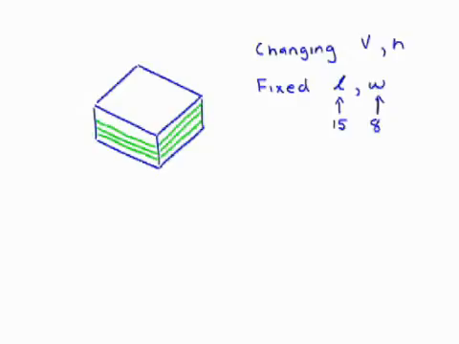So if you can visualize this, you should note that as I fill this pool with water, the volume of water is changing, as well as the height or depth of the water. However, the length and the width remain fixed. The length is fixed at 15 meters, and the width is fixed at 8 meters. That's not true with the height and the volume.